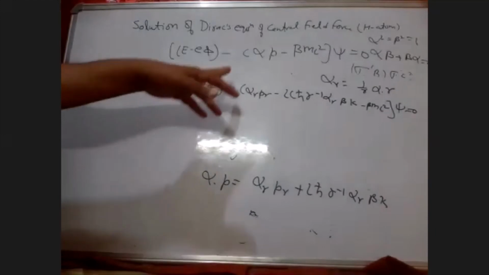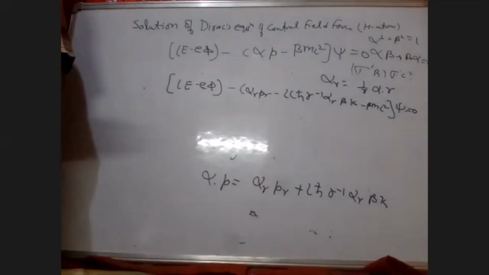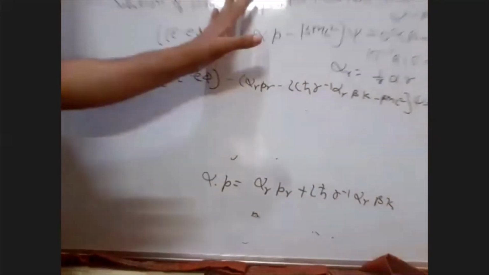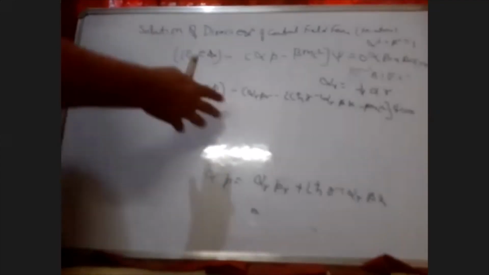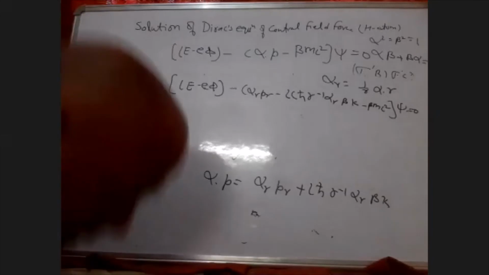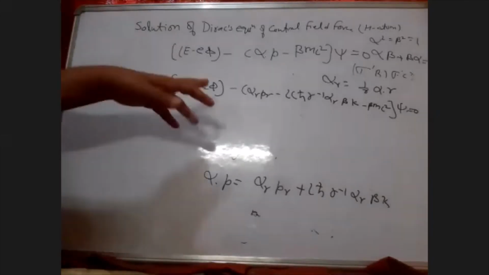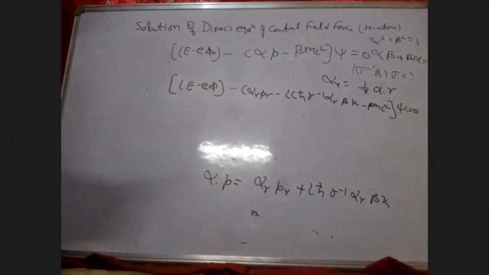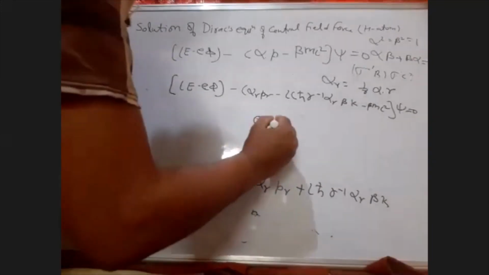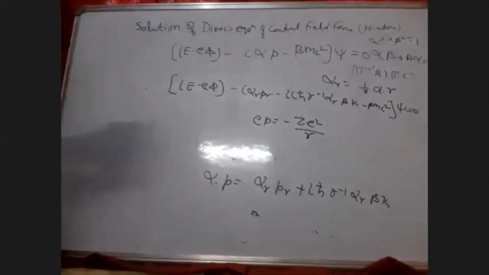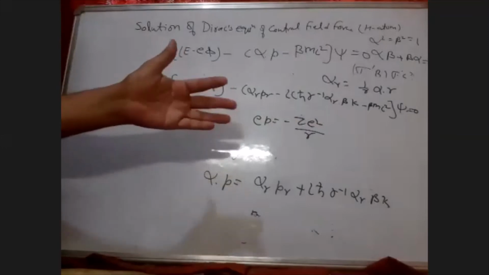So this is the Dirac equation in radial form. You can rearrange this by putting minus e phi is equal to minus Ze square upon r and rearranging the terms.